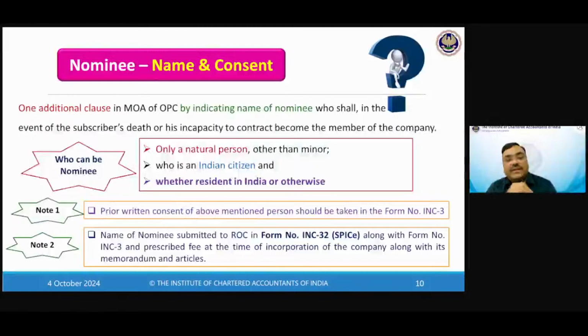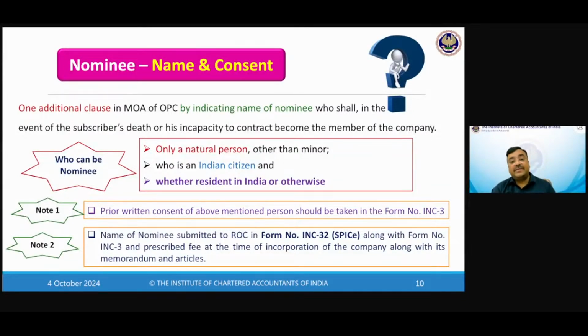Okay. So once again, the concept of nominee. Nominee means the person who will hold the position of member in case of death or incapacity of the member, and this should be added in the MOA as an additional clause, right?